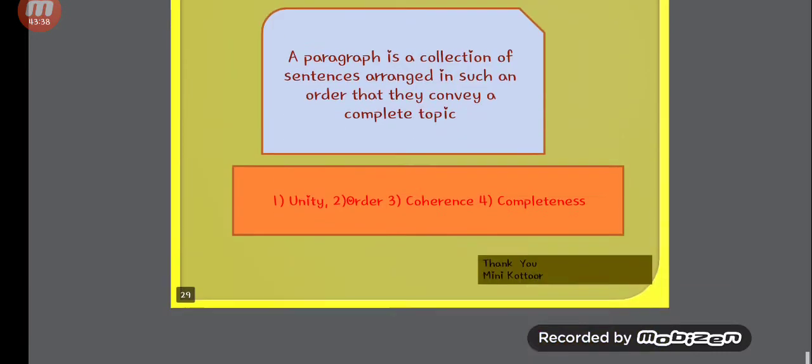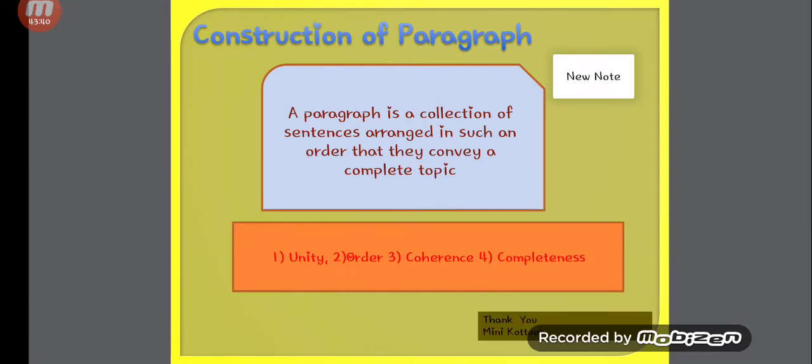Construction of paragraph. A paragraph means a collection of sentences arranged in such an order that it conveys complete meaning or complete information about the topic.